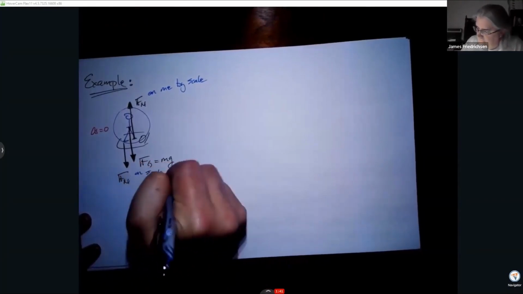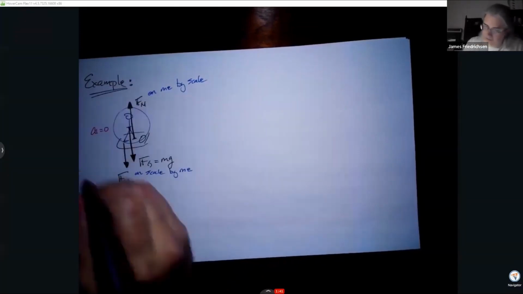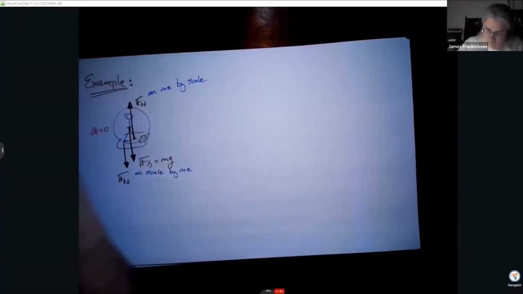When we talk about a bathroom scale, the way the scale works is the harder you push on it, the more it reads. So this is the normal force on the scale by me. These are third law pairs. Look, we actually found some.